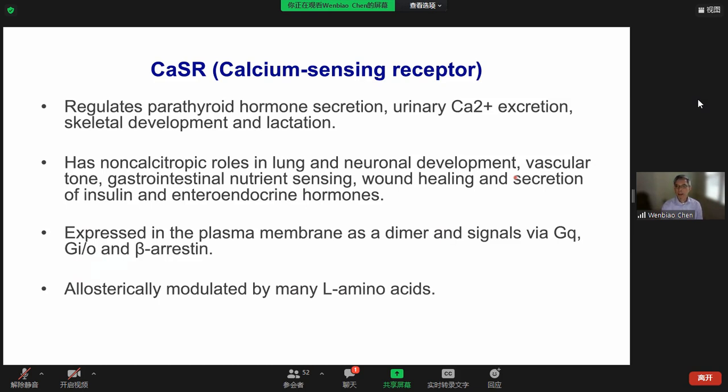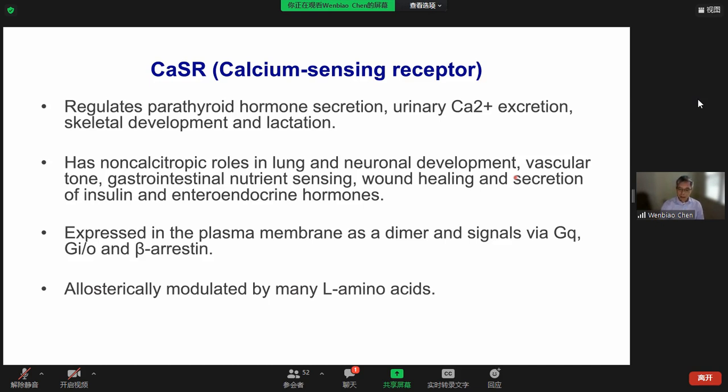It usually forms a dimer on the plasma membrane and signals through Gq, Gi, and beta arrestin. And it can be positively allosterically modulated by most amino acids.